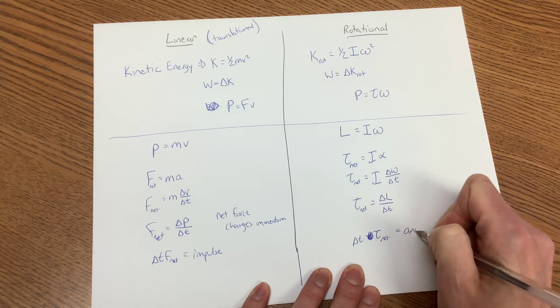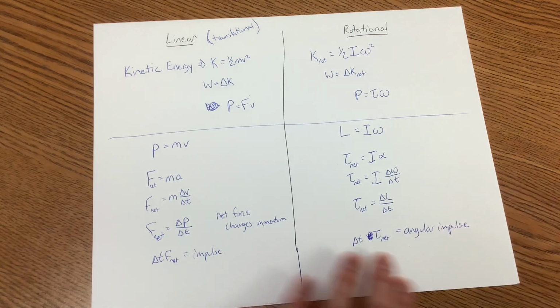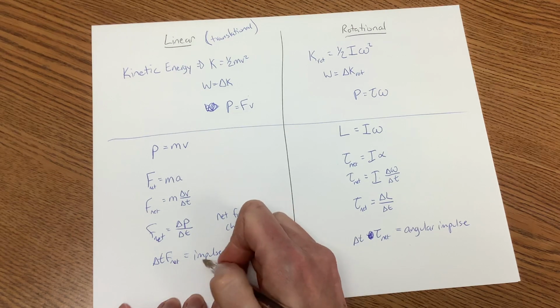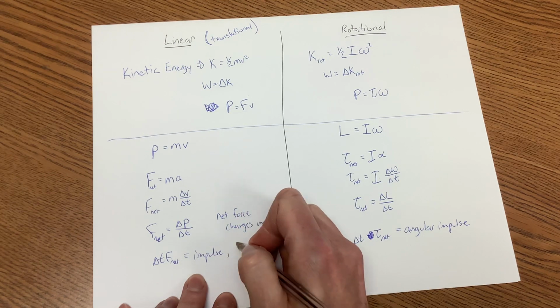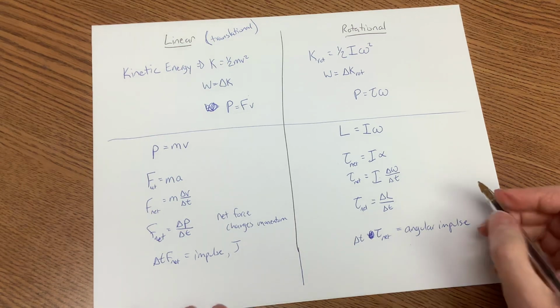That's an angular impulse. See, there's an angular equivalent of everything, okay? I don't actually know what letter we use. A lot of times I use J for impulse, but the angular impulse, I don't know if that has a letter.